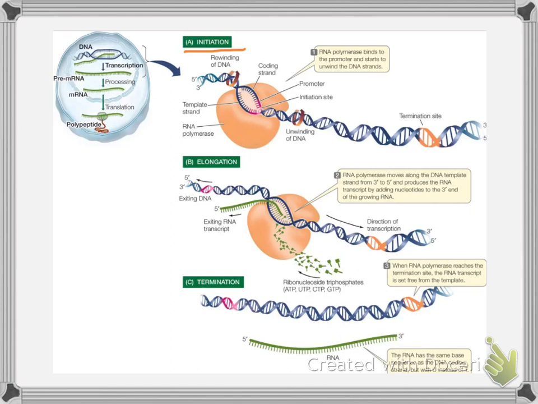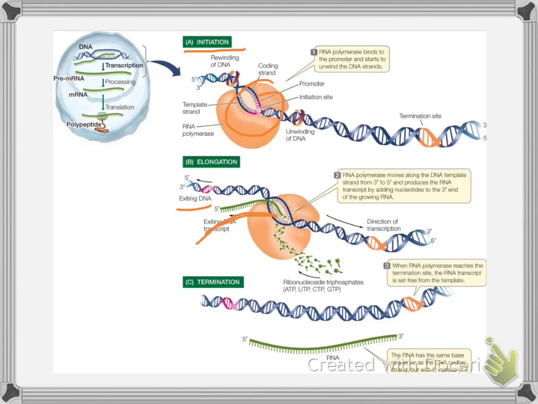At the time of initiation, at the promoter region, the RNA polymerase will bind and start the unwinding of the DNA, and during the elongation time, the sigma factor from the RNA polymerase will dissociate, and then the core enzyme will continue to add the nucleotides and form a primary transcript like this, and the nucleotides are added by the RNA polymerase in the 5' to 3' direction, and the primary transcript will grow as the RNA polymerase moves.